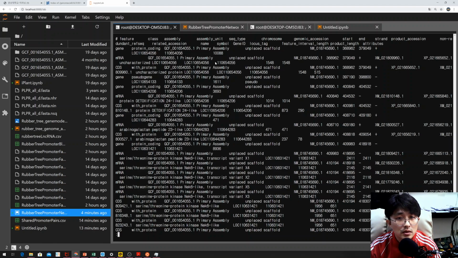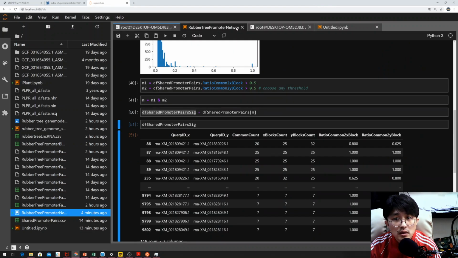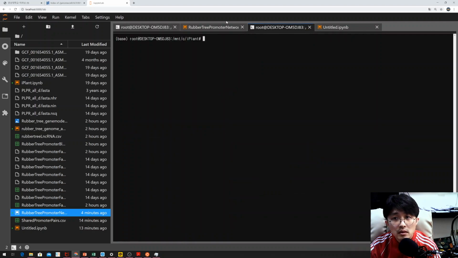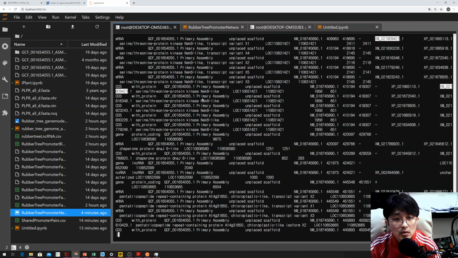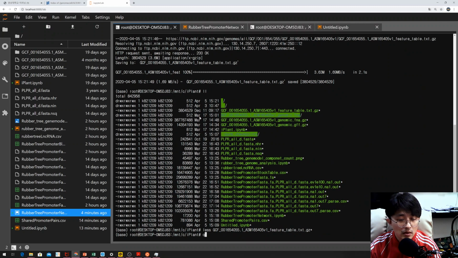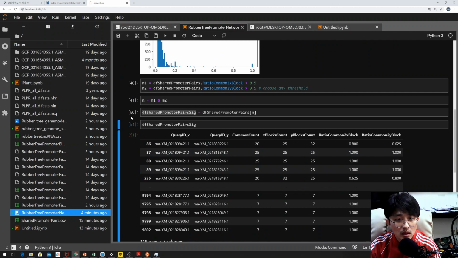It looks like annotation. But the problem is that, okay, our ID is shaped like this, and we can search. Oh, okay. Then we can use this information as annotation. Okay.